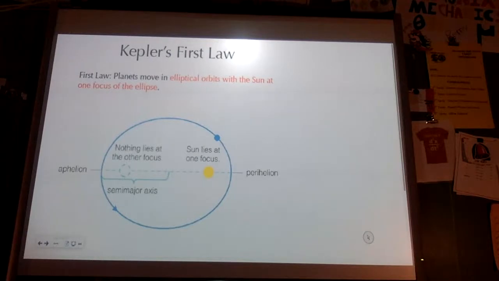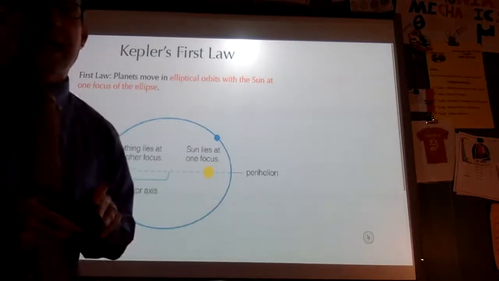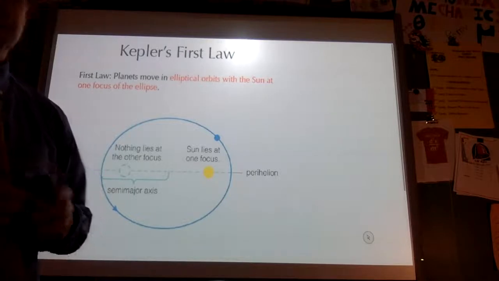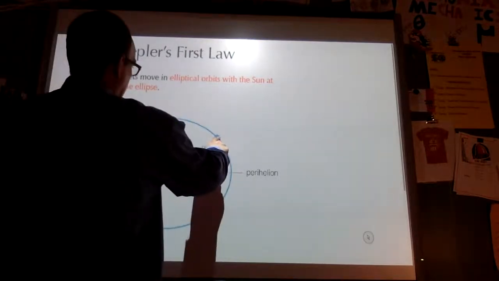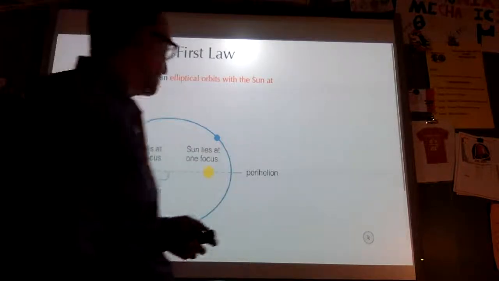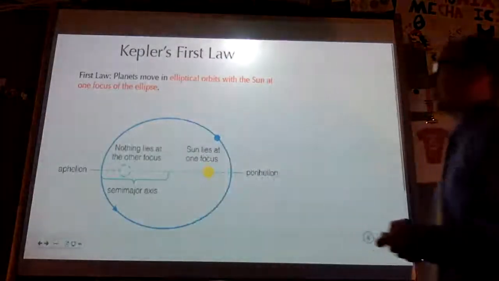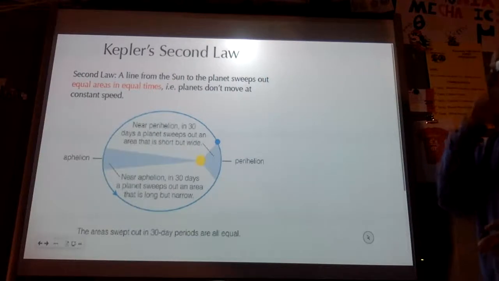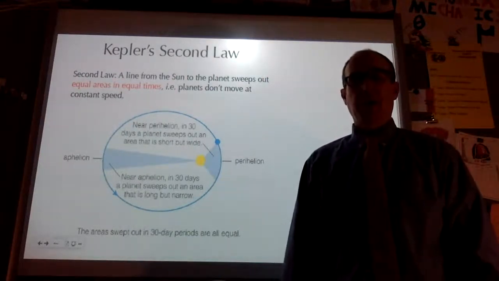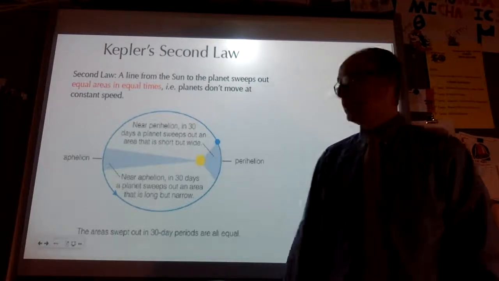So his first law is that the planets will move in ellipses with the sun at one of the foci and nothing at the other. And so there will be times where the planet will be closer and then be further away as it goes around this orbit. The second law is that in equal amounts of time, equal areas are swept out.